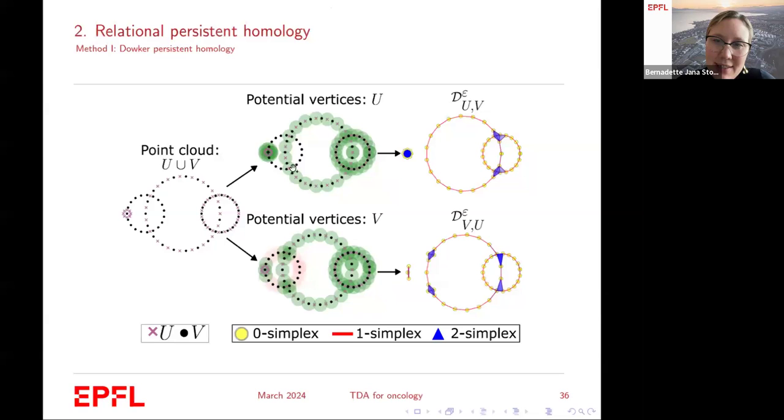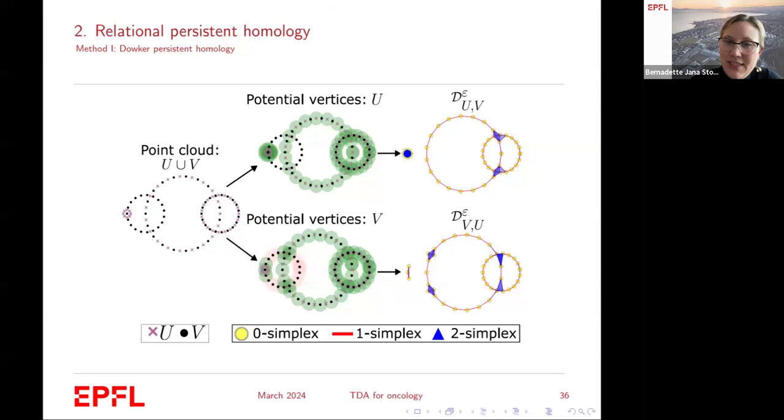So to give you an example, here we have a point cloud U and V. If we choose U as the potential vertices, then we start blowing up little epsilon spheres around our vertices in U, similar to the Vietoris-Rips complex. But now we just put an edge between 2 vertices if we have one point of the other point cloud in the intersection. This is how we build our simplicial complex at parameter epsilon.